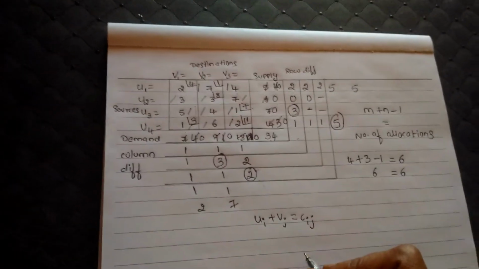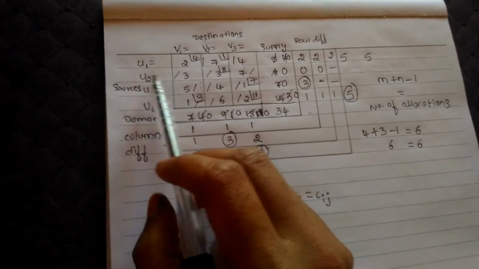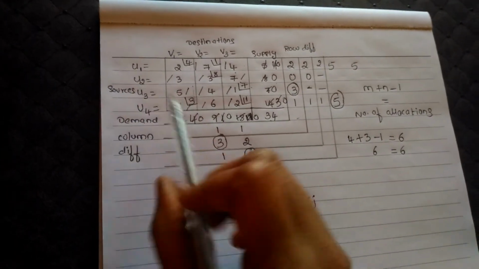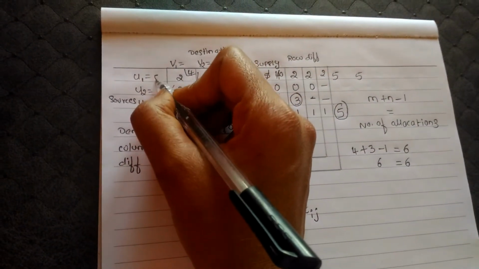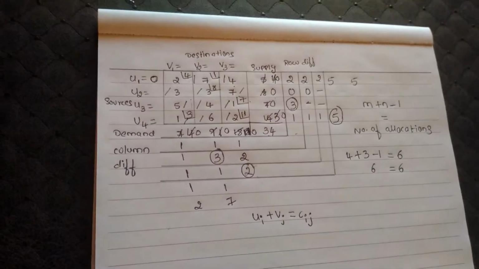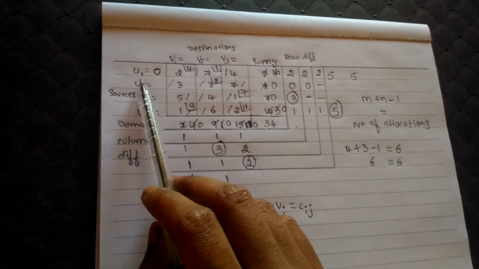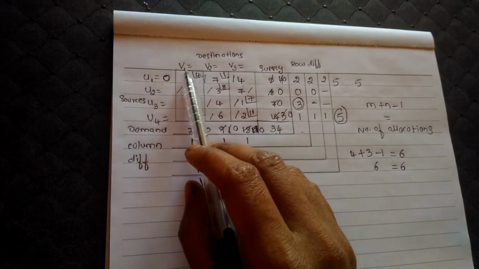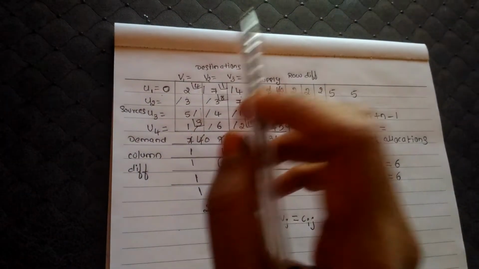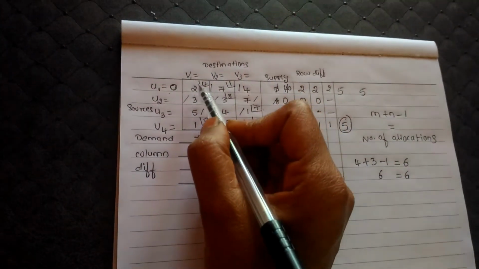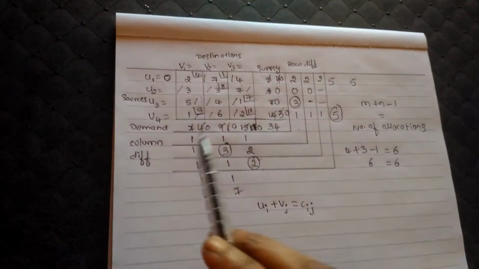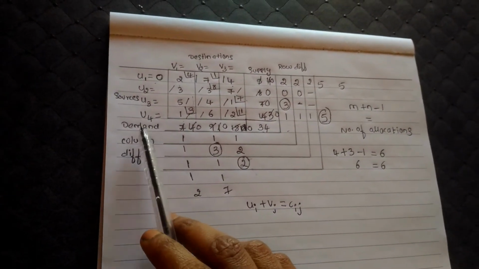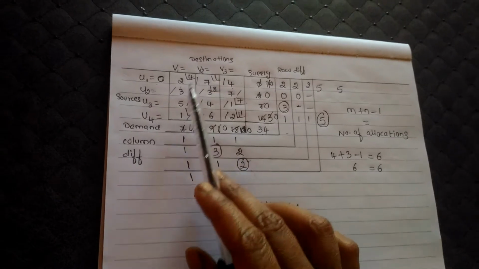Now start applying this formula. Initially I will start with U1. For the first instance, I will just consider U1 to be 0. Now U1 plus V1 should be equal to Cij. Cij is the cell value, and you can find the values of U and V only for the allocated cells.